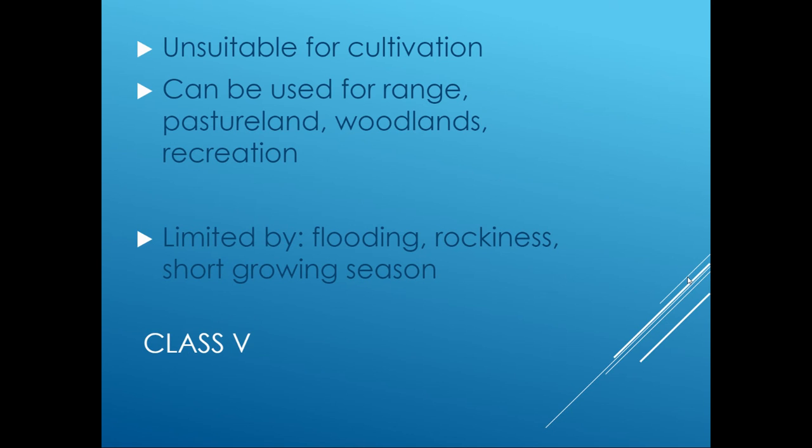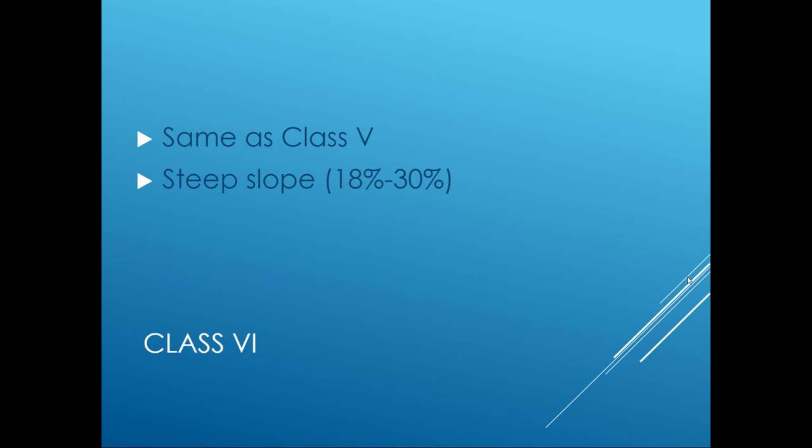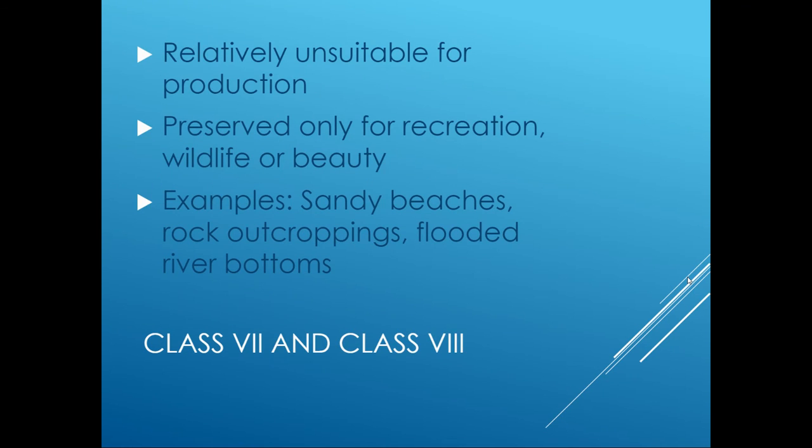This is limited by flooding, rockiness, or short growing seasons. Class number 6 is the same as class 5, with a steep slope of 18 to 30%. Class number 7 and class number 8 are relatively unsuitable for production, preserved only for recreation, wildlife, or beauty. Some examples: sandy beaches, rock outcroppings, and flooded river bottoms.